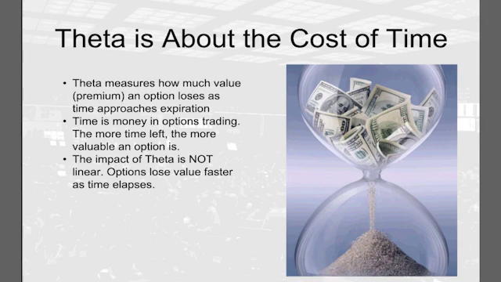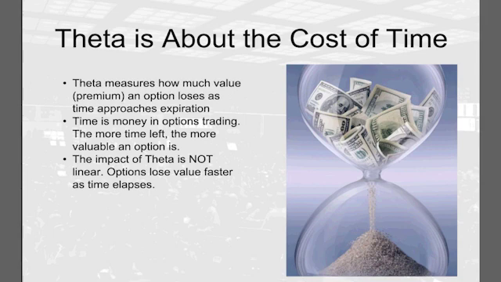If you're short options, you make money as time passes and the value of the option decreases. So you have positive theta. Time passing has a positive effect on your short option position.